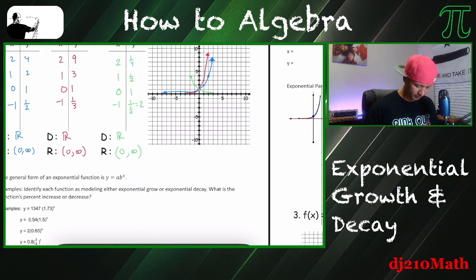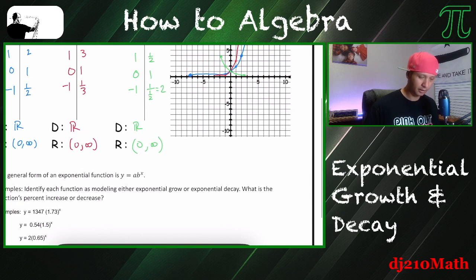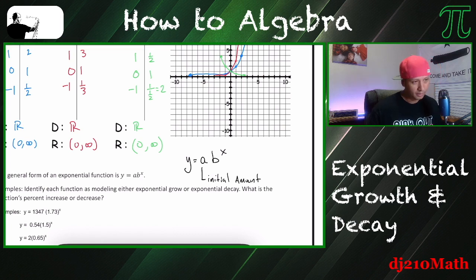Okay. The general form of an exponential function is y equals a times b to the x. So what this is basically, a is some initial amount or value, initial value, initial amount, and b is going to be your growth or decay factor.